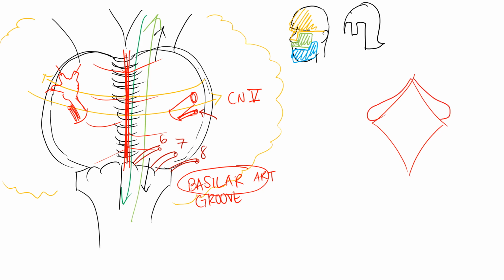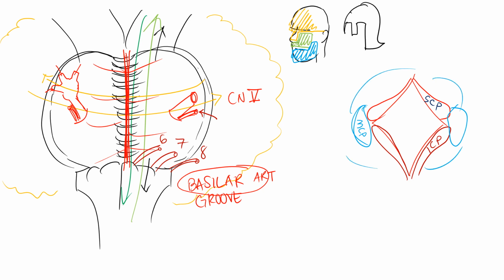You have your superior cerebellar peduncle, your inferior cerebellar peduncle, and then you have your middle cerebellar peduncle, which is basically part of your pons. Okay? So this is the floor of your rhomboid fossa. That's basically the floor of your fourth ventricle. Okay, so we are done with the pons.